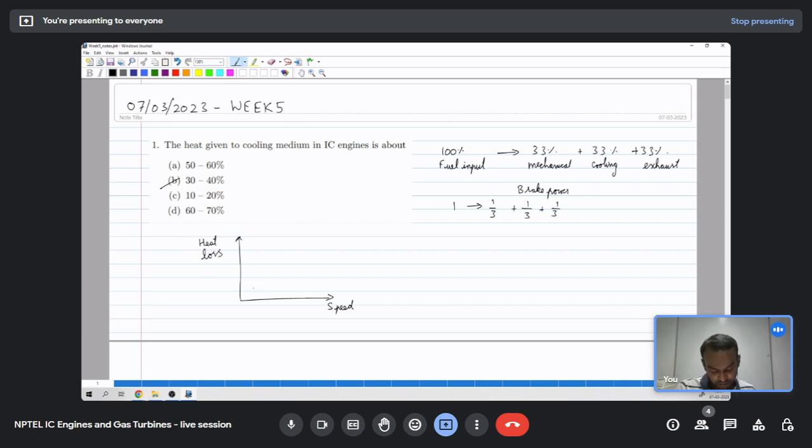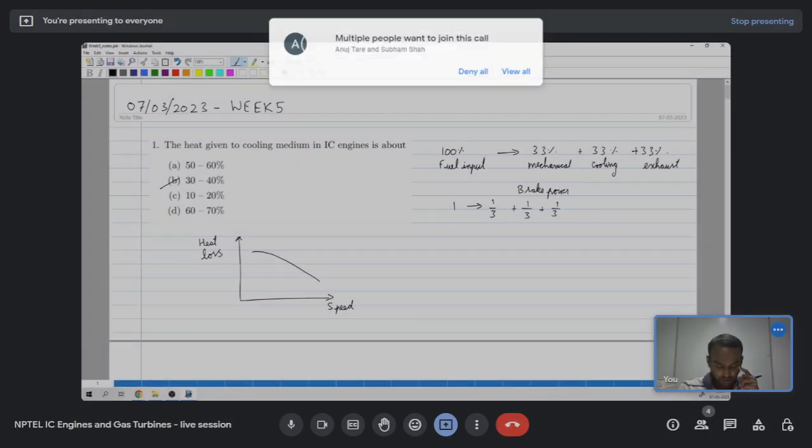Will it keep on increasing with the speed, keep on decreasing with the speed, or be constant? So the general trend is it will keep decreasing with the speed.